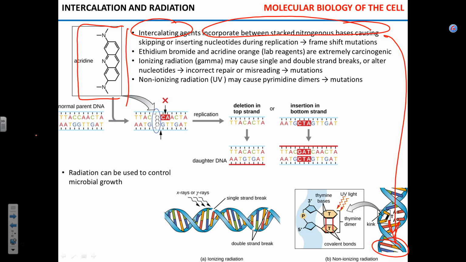Okay, a couple of the common intercalating agents are ethidium bromide and acridin orange. They are extremely carcinogenic. Ethidium bromide is added to visualize DNA molecules in the agarose gels, and it must be handled exclusively in gloves.